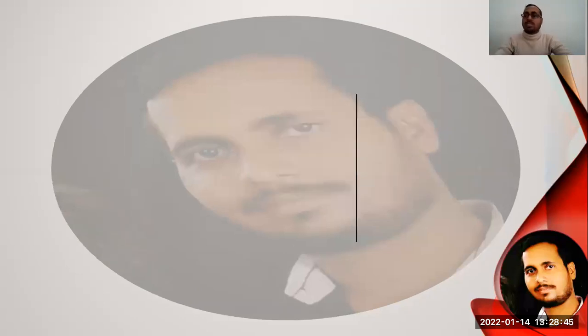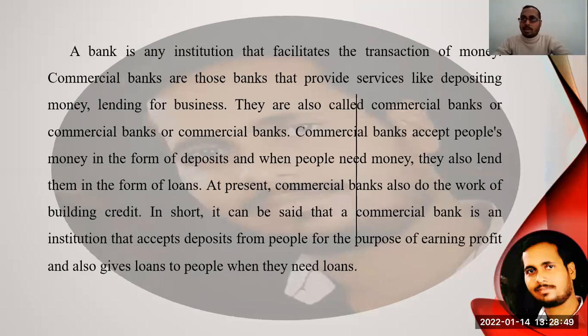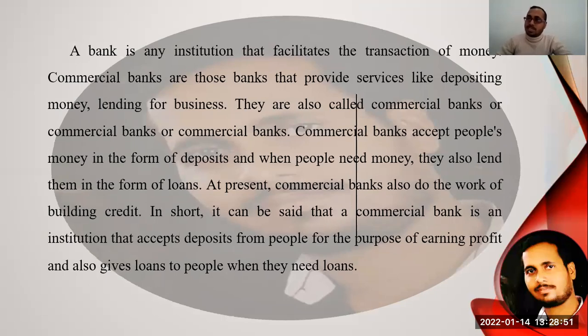Before discussing the functions of the banks, we are just introducing what a commercial bank is. How can we define the commercial bank? Students, a bank is an institution that facilitates the transaction of money.